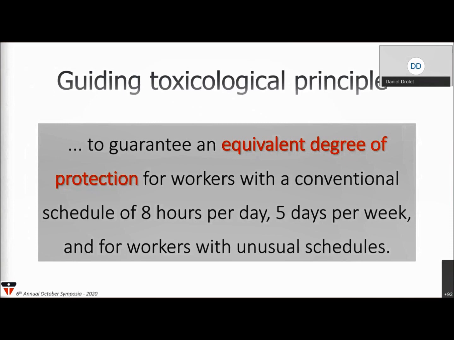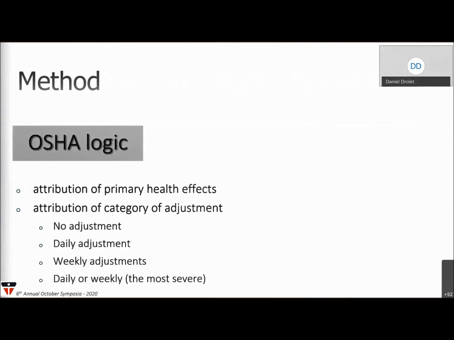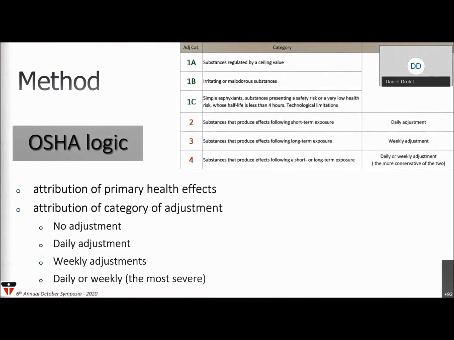So an equivalent degree of protection, no more, no less. So finally, we decided to adopt what we call the OSHA logic, and the key is to attribute primary health effects to each substance in our regulation, and then depending on the timing of the effects after exposure, we attribute a category of adjustment. And we may have 4 different categories, 1, 2, 3, or 4.